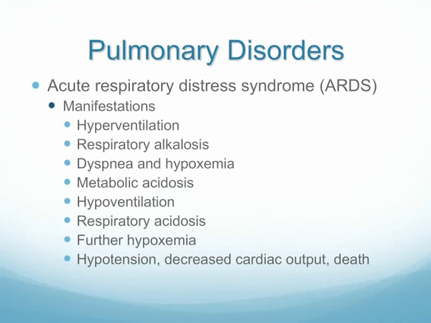Eventually, we'll develop a metabolic acidosis. This is related to some of the changes that are occurring out in the tissue as a result of hypoxemia. Initially, though, we'll get a respiratory acidosis that's caused by the direct lung injury itself. Further hypoxemia, more hypotension, decreased cardiac output, and death can result from ARDS.